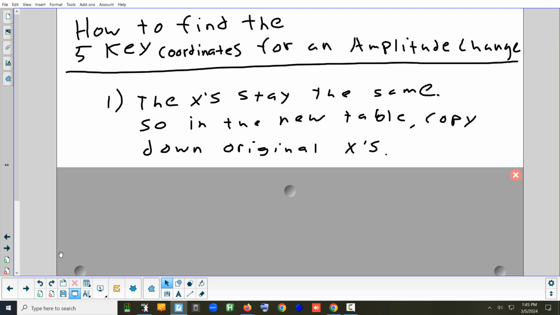And cosine, it's the same: 0, pi over 2, pi, 3 pi over 2, and 2 pi. Those are going to be the x's in every single problem in the homework. Don't change those for any problem we do today.